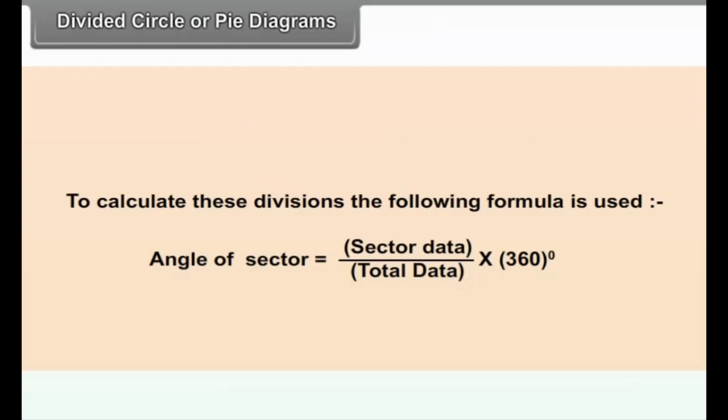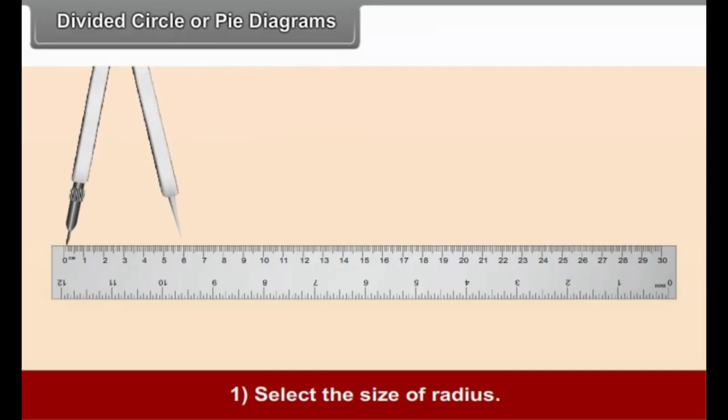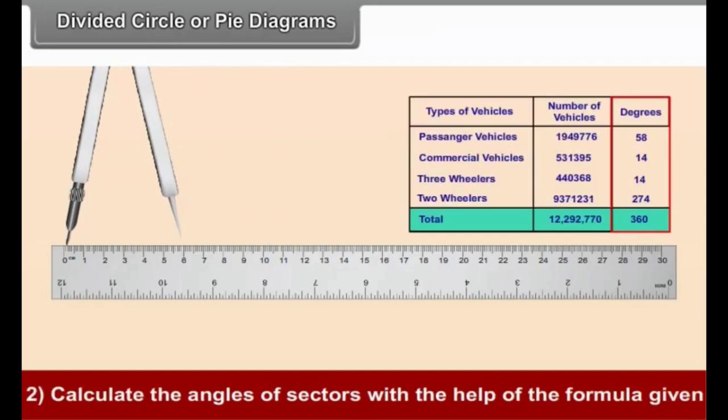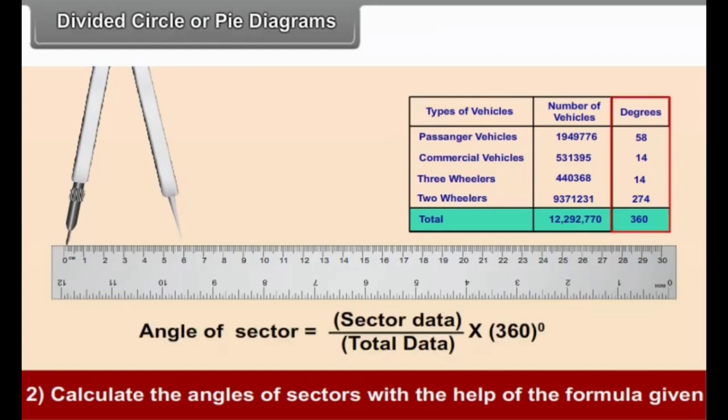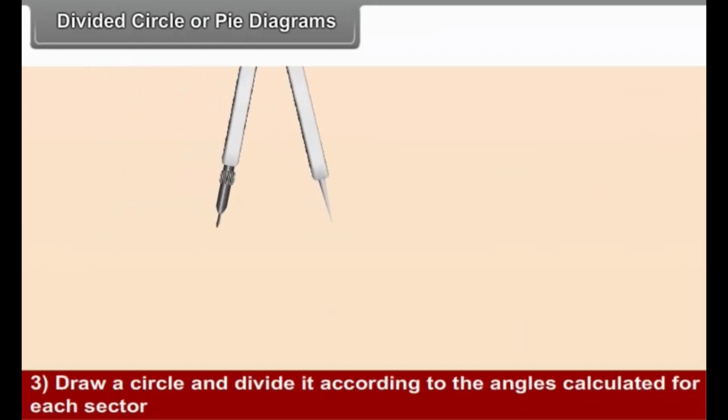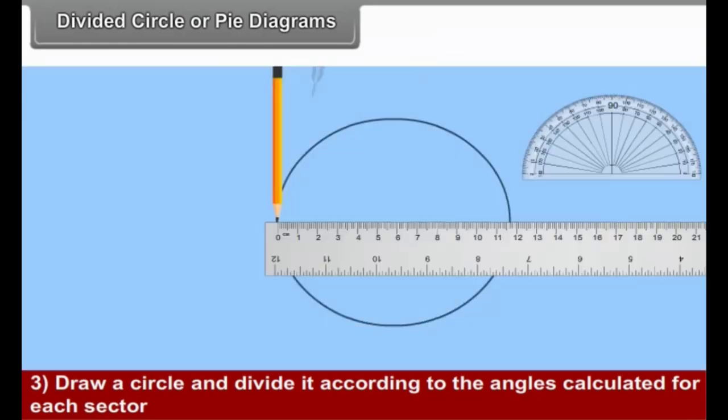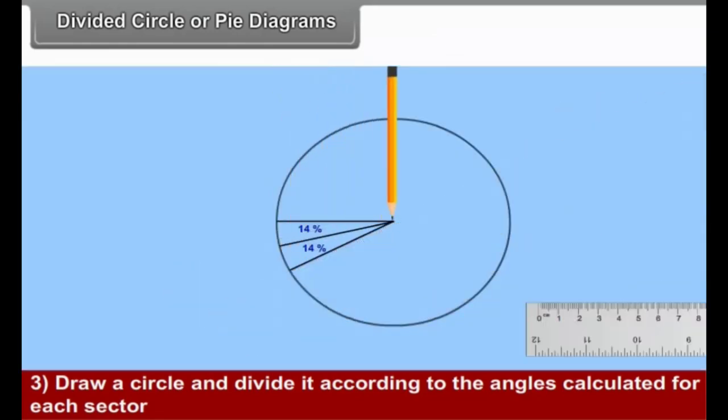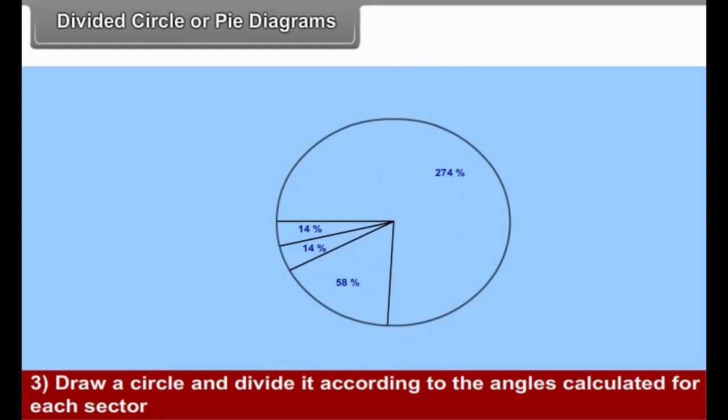To calculate these divisions, the following formula is used. Angle of the sector is equal to sector data upon total data into 360 degrees. Method of drawing. 1. Select the size of radius. 2. Calculate the angles of sectors with the help of the given formula. 3. Draw a circle and divide it according to the angles calculated for each sector. 4.